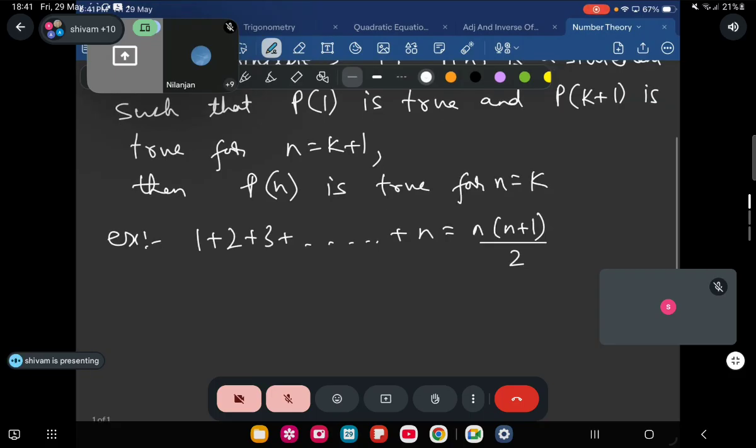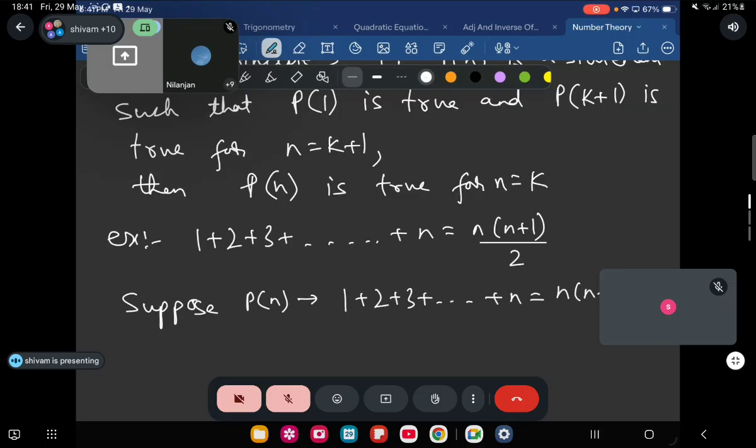So I'll just give you an idea. Suppose Pn is a statement such that 1 plus 2 plus 3 plus up to n is equal to n into n plus 1 by 2.